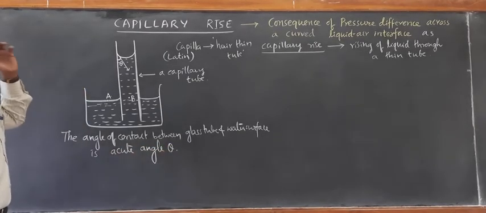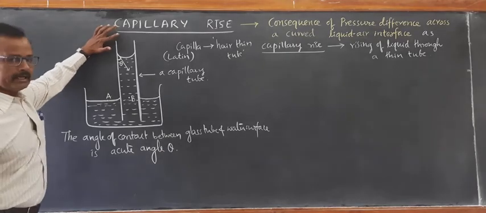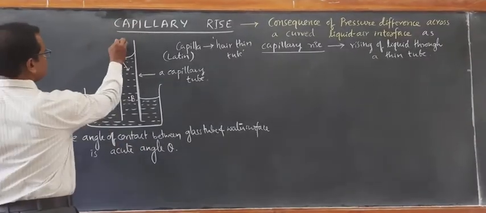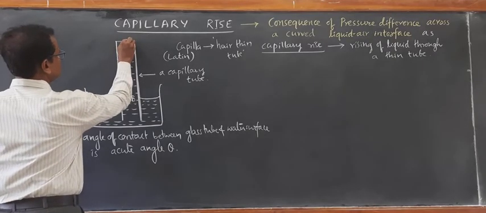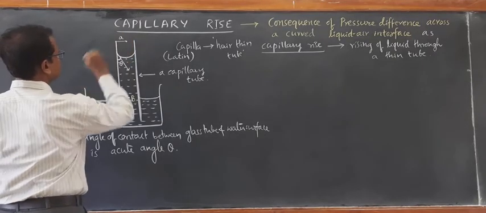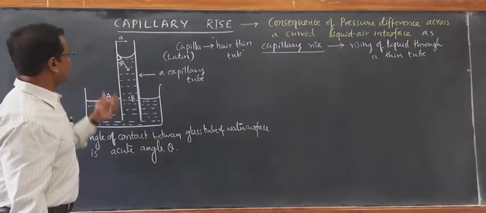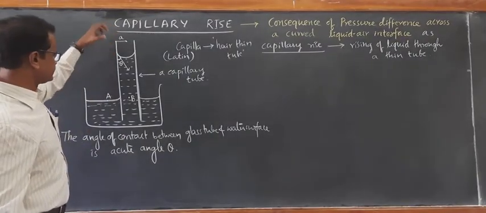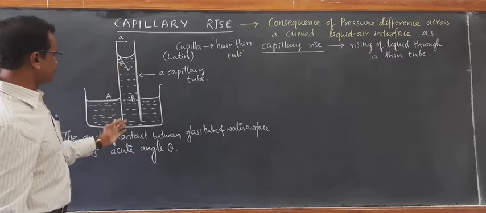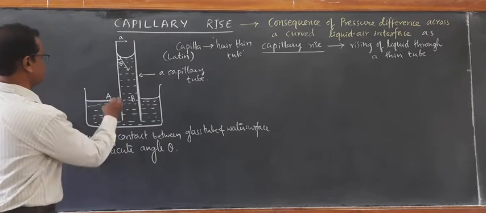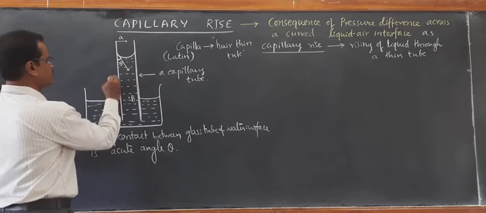Okay, let us say that we have taken a capillary tube of radius small a. Let the radius of this capillary tube be a, so that the diameter is 2a, right? When a capillary tube of radius a is dipped inside, suddenly we find the rise in the level of water. This rise in the level of water is called capillary rise.